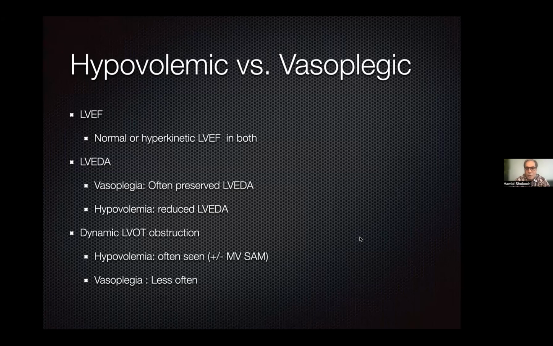LV outflow tract obstruction we typically see in patients with HOCM. Basically, what I'm saying here is this: in cases with hypovolemia, you are seeing some minor, minimal trace component of LV outflow tract obstruction, similar to what you see in a patient with HOCM, because the fluid area near the outflow tract is near empty, completely empty.